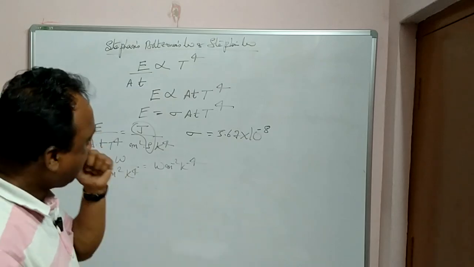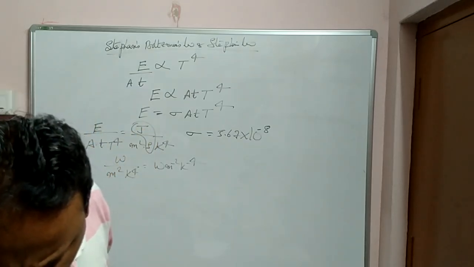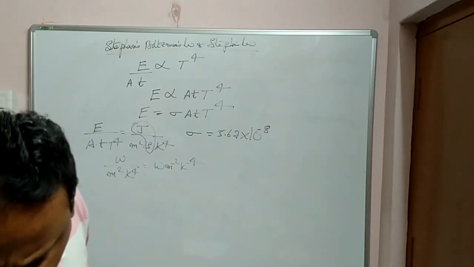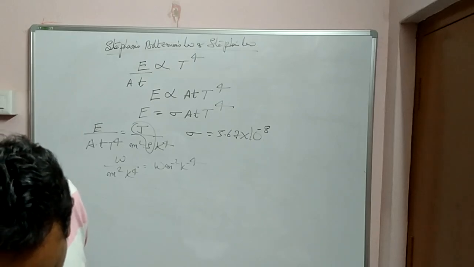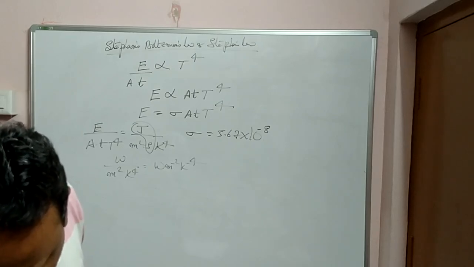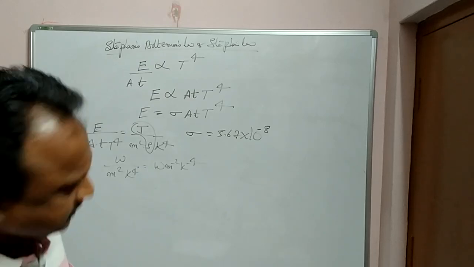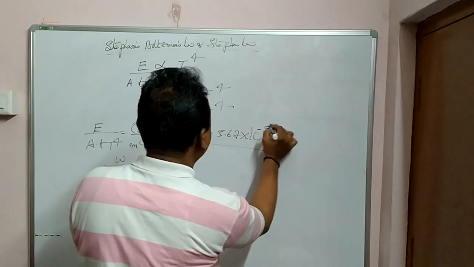Very, very important. And also here some more conclusion is there, that is you can also introduce E here. Have you copied this one? This is Stephen's constant sigma.